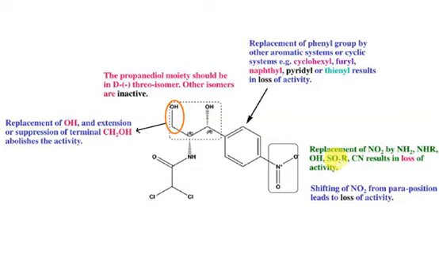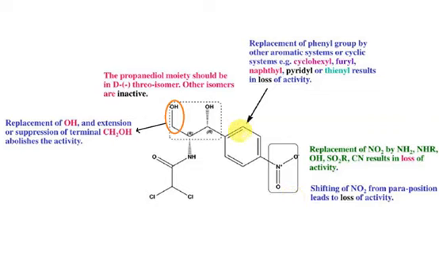So you can try other substituents, like chlorine or bromine, and check the biological activity. Second, it has been observed that if the position of the nitro group is changed to meta or ortho, activity is lost. This group should be at the para position. So the para position is very important for activity.